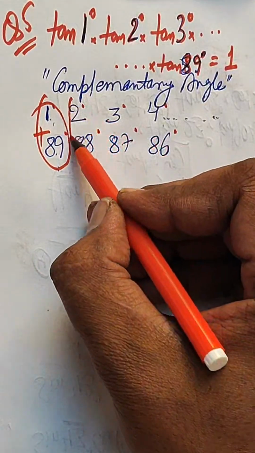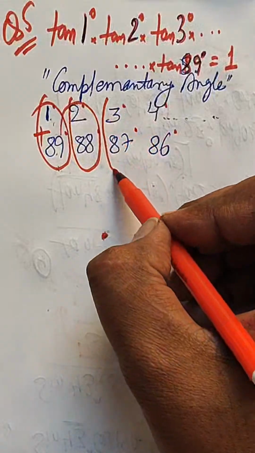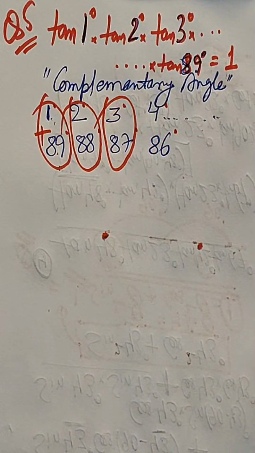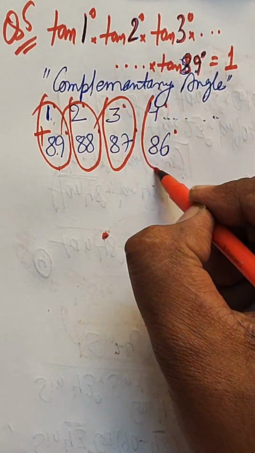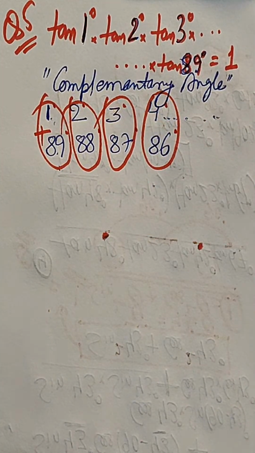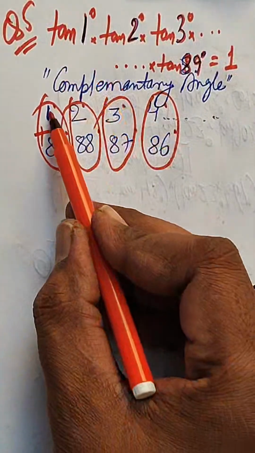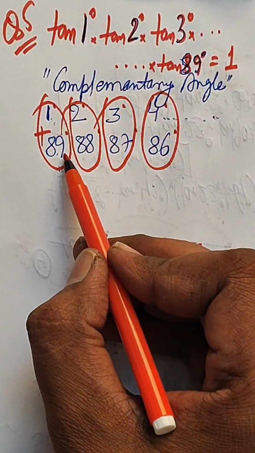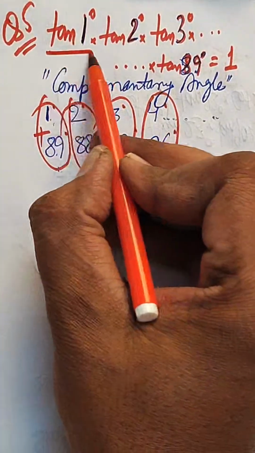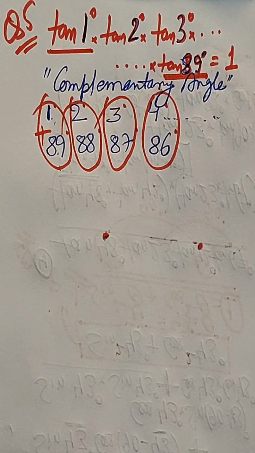If you add 2 with 88, it will form a pair of complementary angles. 3 with 87 forms a pair of complementary angles. 4 with 86 will form a pair of complementary angles. Right? So we will make a pair of 1 degree and 89 degree together. That means tan of 1 degree and tan of 89 degree will be taken together.